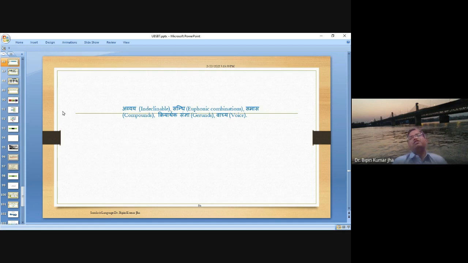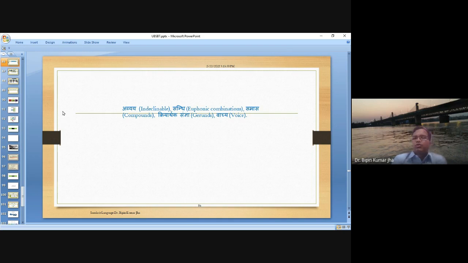For example, cha, that means and. Tatha, again the and. If you are using he, certainly. So there are different types of indeclinables which will be used. You can use them while you are creating sentences.